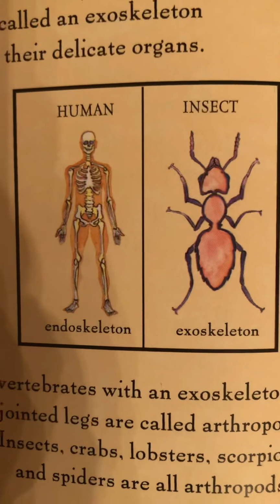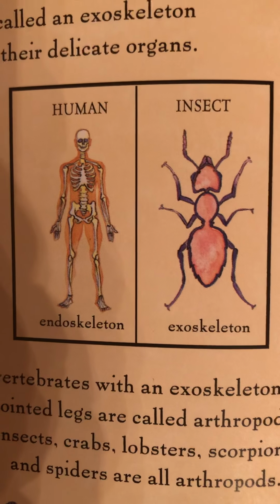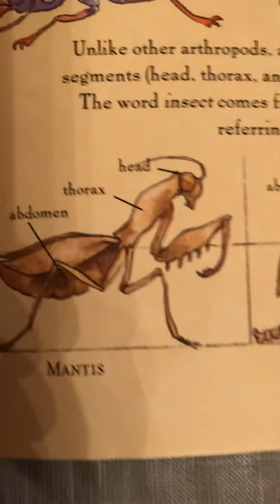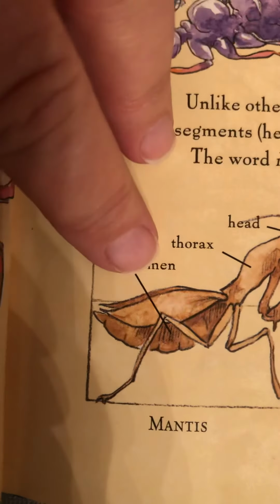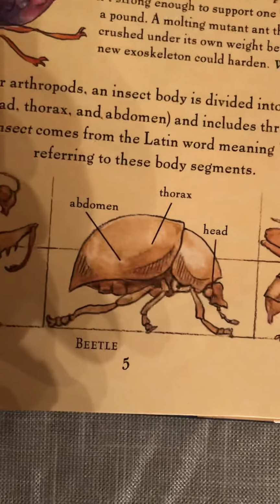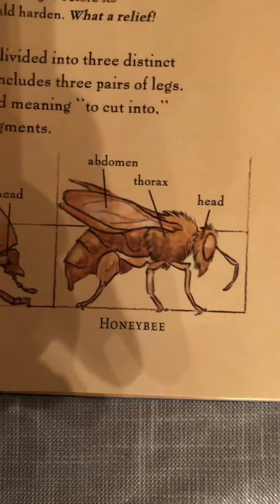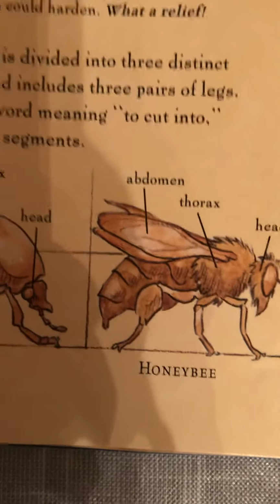We see the human with an endoskeleton and the insect with an exoskeleton. All insects have three parts. They have the head, thorax, and abdomen. Even if they're different shapes, they all have the same three parts: the head, thorax, and abdomen.